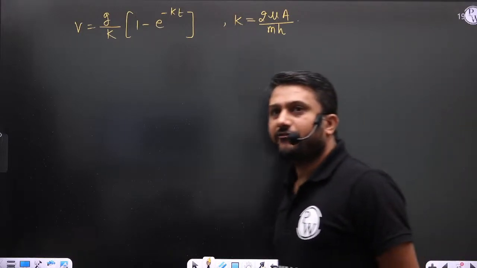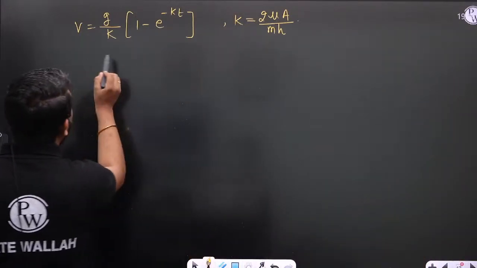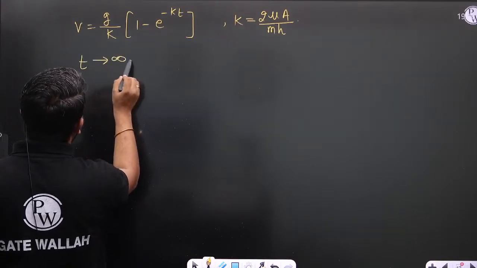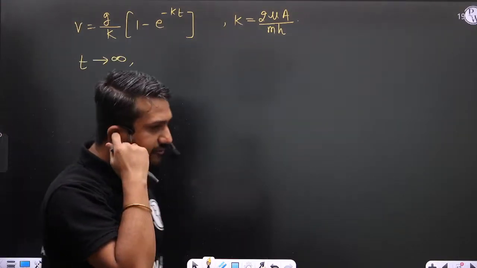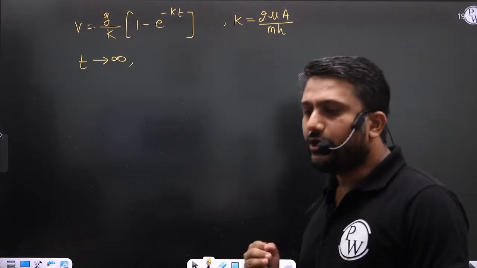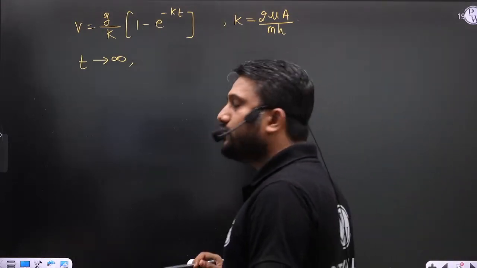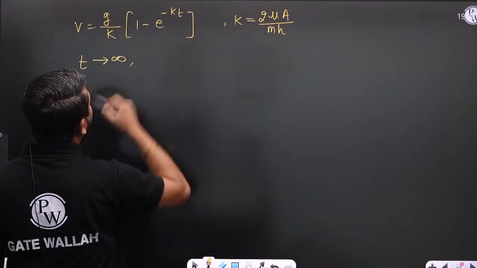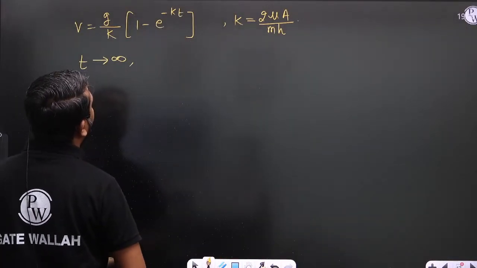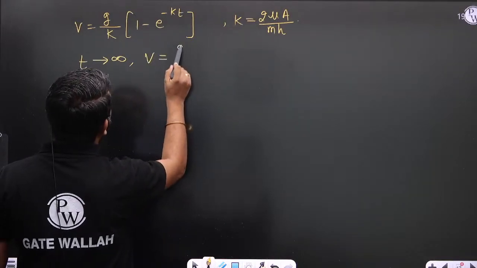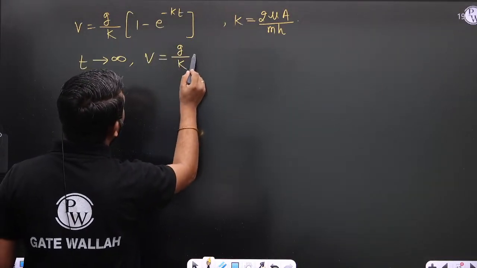Right, and we know that beta, when t tends to infinity, e to the power minus infinity is 0. So ultimately what you are getting is g by k. And what is k?